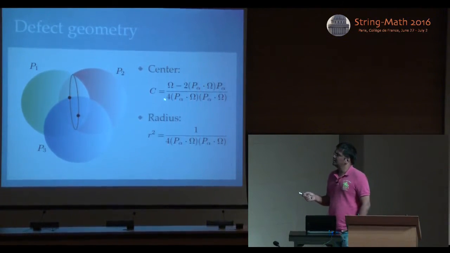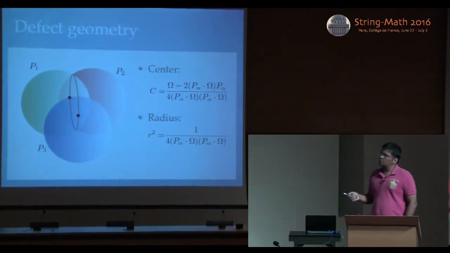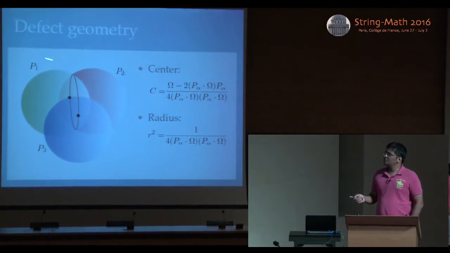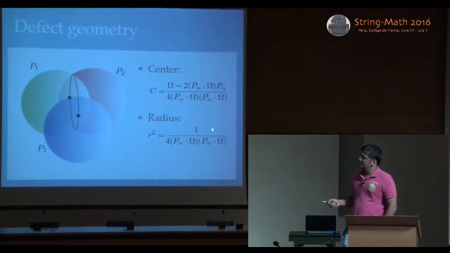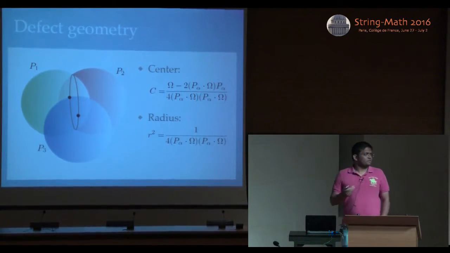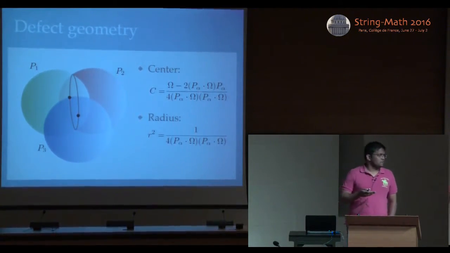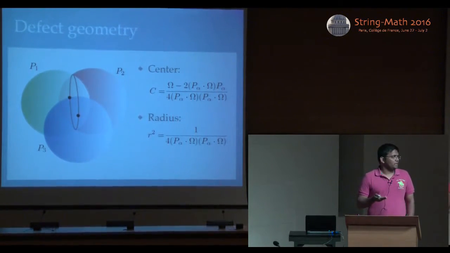But in this approach, you simply write down a gauge invariant and SO(d plus 1, 1) invariant combination of the coordinates P alpha to get a vector and to get a scalar. Well, that is not possible, because in conformal field theory, the notion of distance is not absolute. You need some reference point, and the point at infinity serves as the reference point.